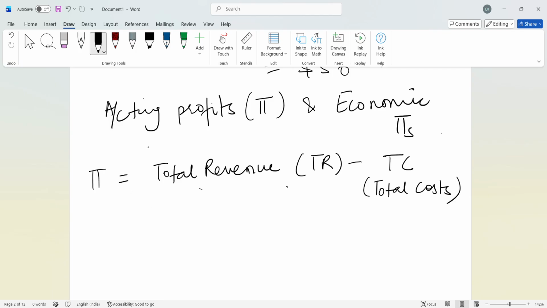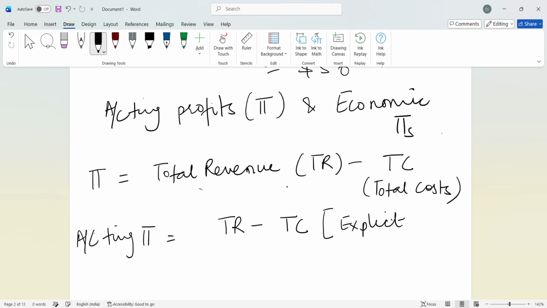So what's the difference between an accounting profit and economic profit? Now again, in an accounting profit, accountants take TR minus TC, where TC is only the explicit costs that they take into consideration.